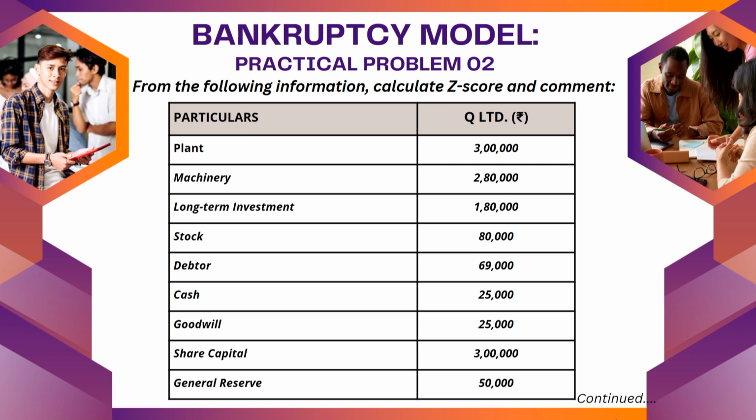So first we put the formula, Z is equal to 1.2 x1 plus 1.4 x2 plus 3.3 x3 plus 0.6 x4 plus 1.0 x5.